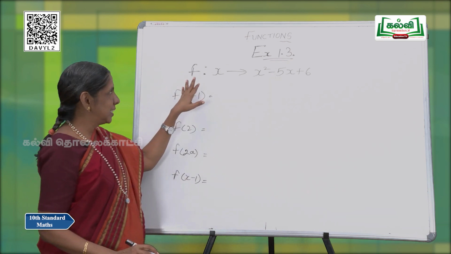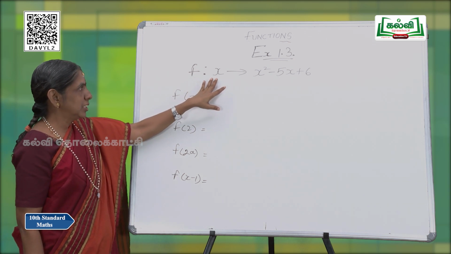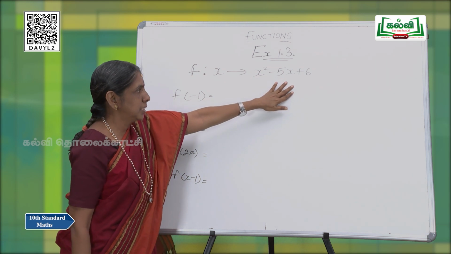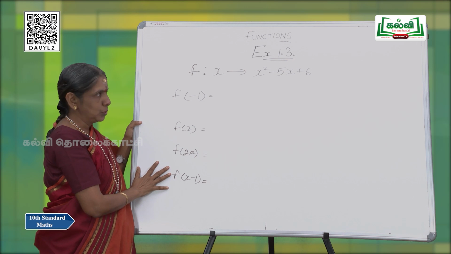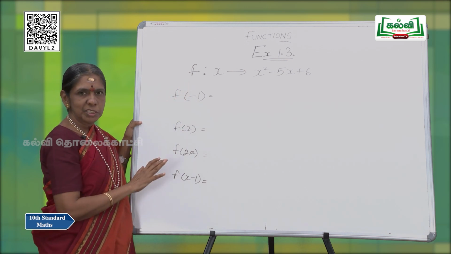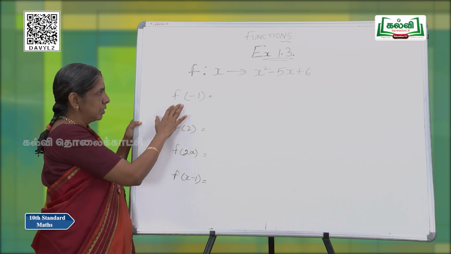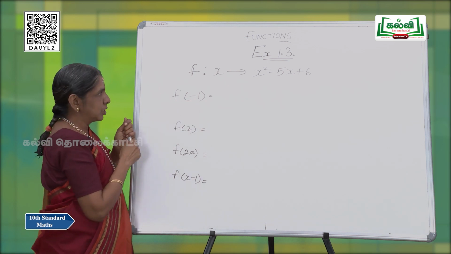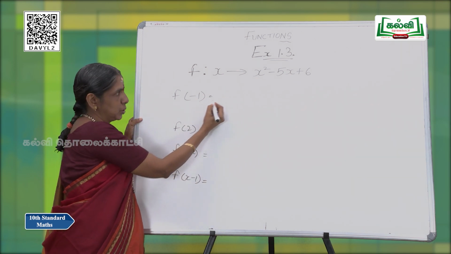Now, let us take another example. The function is defined like this: f(x) = x squared minus 5x plus 6. We have to calculate certain values. See, whenever the sets are not mentioned, you have to assume they are real valued functions. Let us calculate f of minus 1. How to calculate? In the place of x, you have to write minus 1.